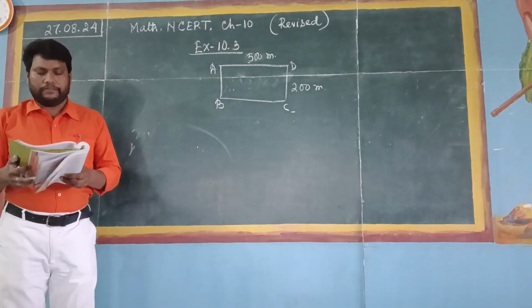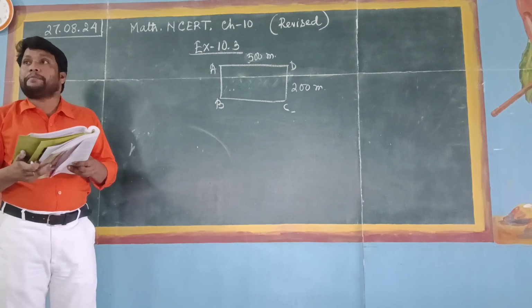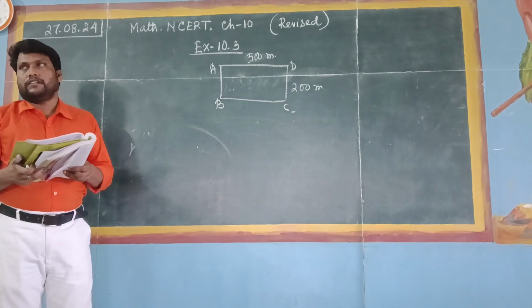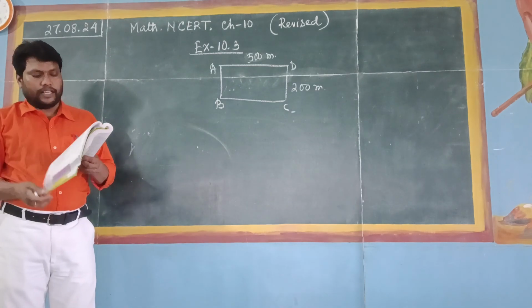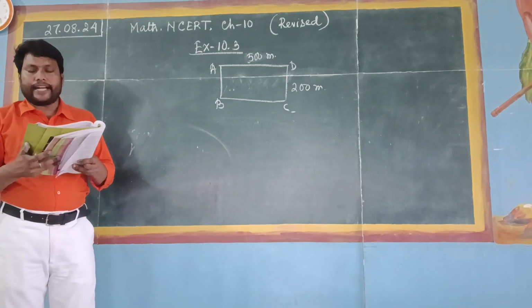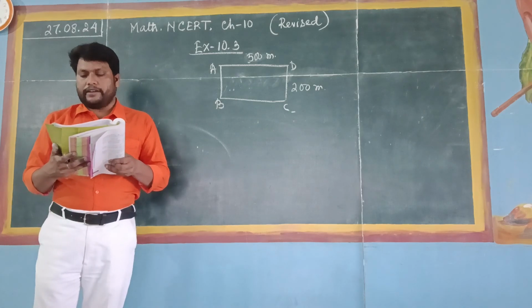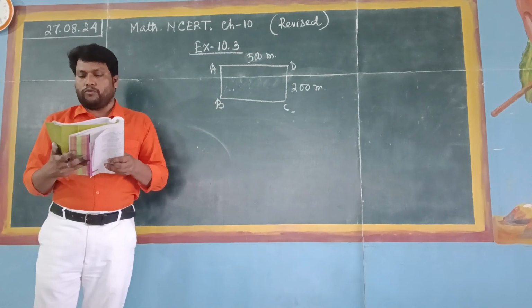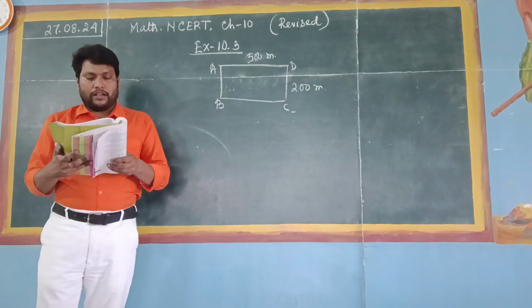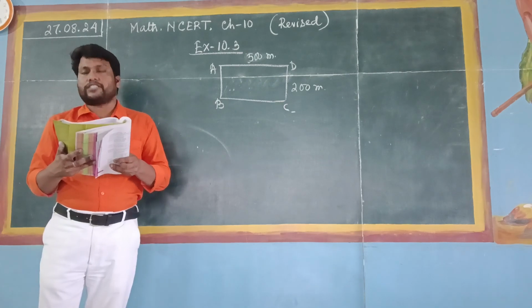What is the question? What is the cost of tiling a rectangular plot of land 500 meter long and 200 meter wide at a rate of rupees 8 per 100 square meter?